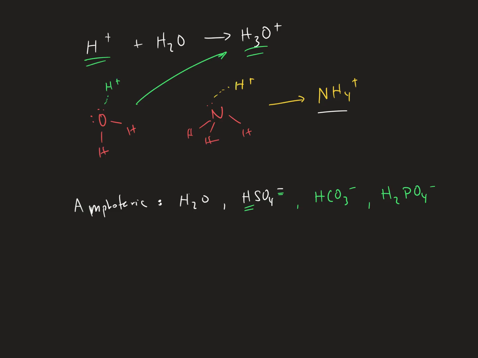No, then it becomes something that's nonexistent, so it can't do that. Just because it has a hydrogen in it doesn't mean it's an acid. It has to be a hydrogen ion available, so it has to be a what? Ionic compound. NH3 is a covalent compound.